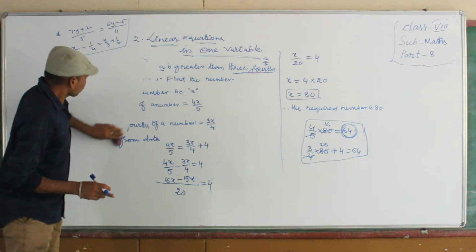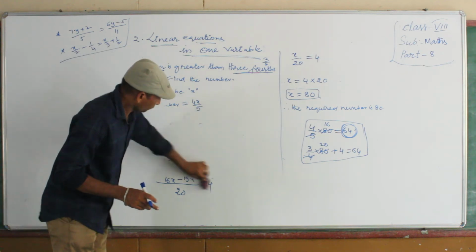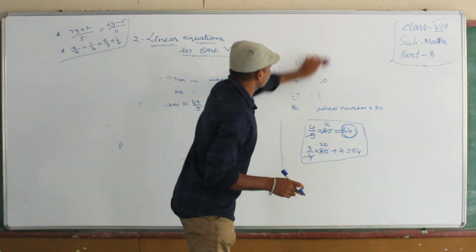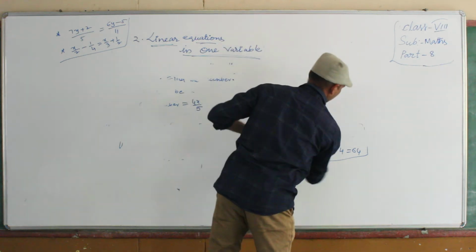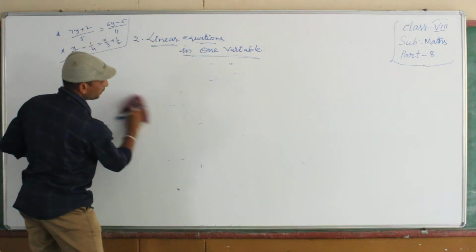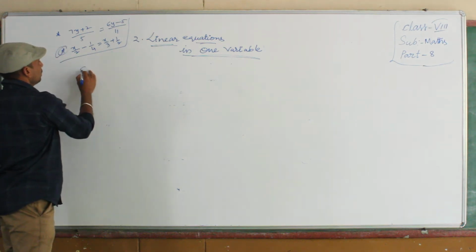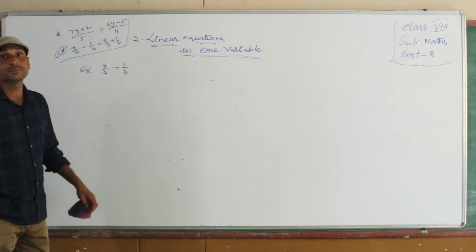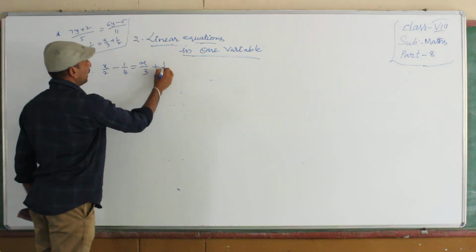Okay, the next problem: x by 2 minus 1 by 4 is equal to x by 3 plus 1 by 2.